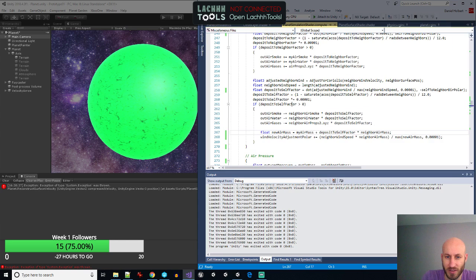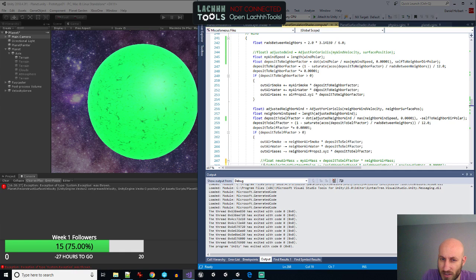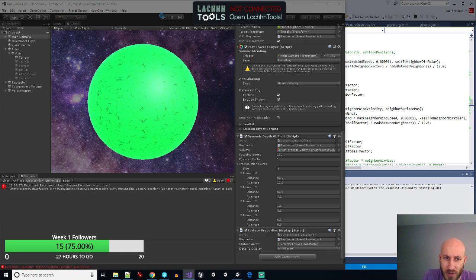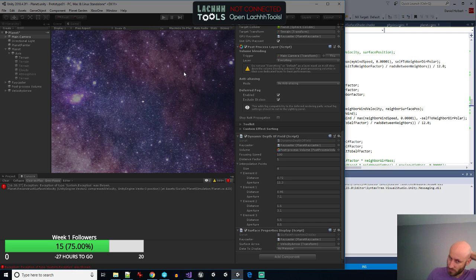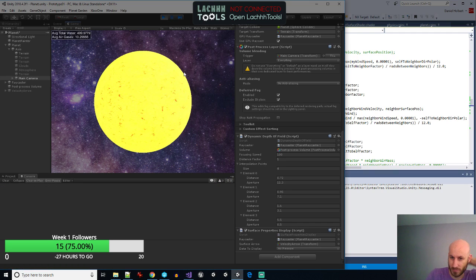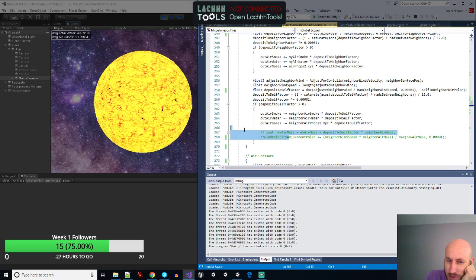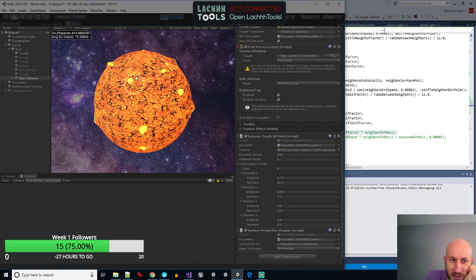So something in this code here is making the wind go crazy. So I want to try this again, but with these two lines disabled because they're a little bit suspicious to me.